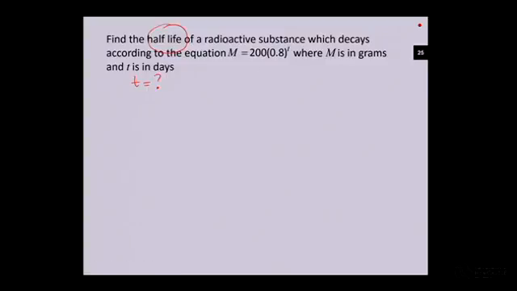Again, this was the initial amount, so M0 is 200. And you want to know when is M half of that. So the question is, find what t is for M to be 100. All right. And again, I'm just going to leave that one.